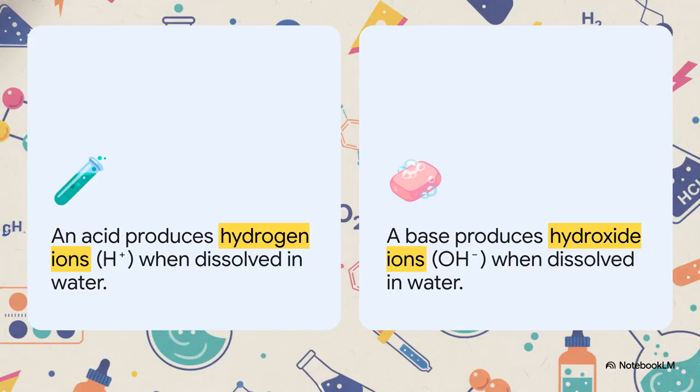And here it is. An acid is any substance that kicks out hydrogen ions, that's H+, when it's in water. A base, on the other hand, produces hydroxide ions, that's OH-. This is the fundamental difference. That H+ ion is the key player in something like toilet bowl cleaner, while the OH- ion is the powerhouse in your drain cleaner. So remember, H+ means acid, OH- means base.